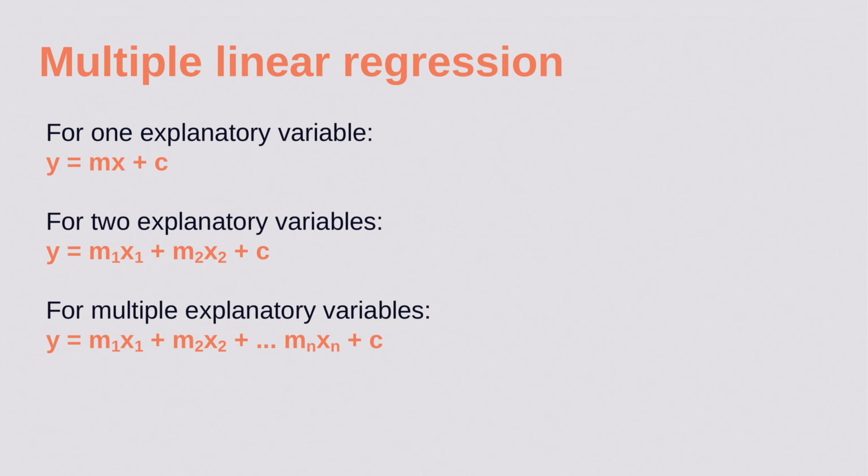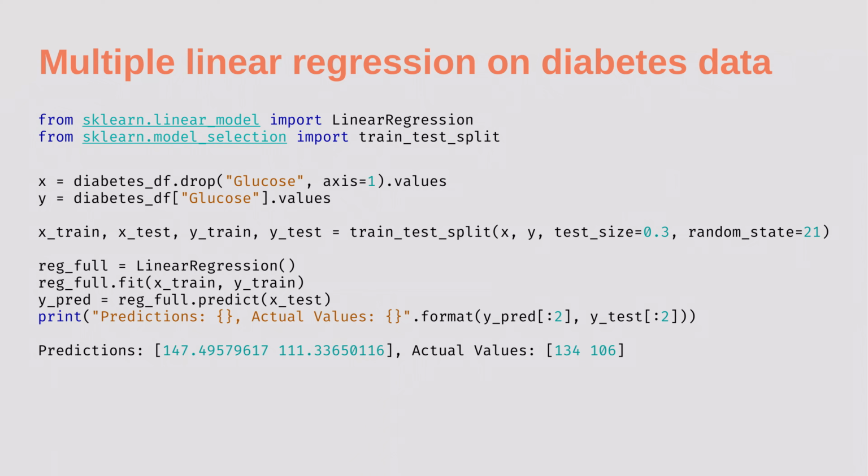To fit a multiple linear regression model in scikit-learn, we'll use just two variables, one for the explanatory variable called x and one for the response variable called y. Scikit-learn handles the rest under the hood. Let's take a look. Let's perform linear regression to predict blood glucose levels using all the other variables in the diabetes dataset.